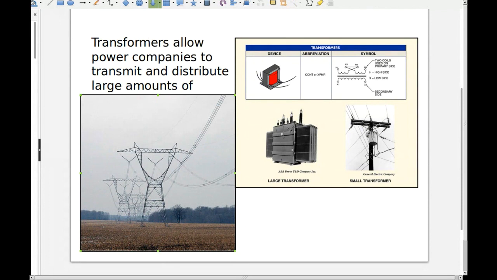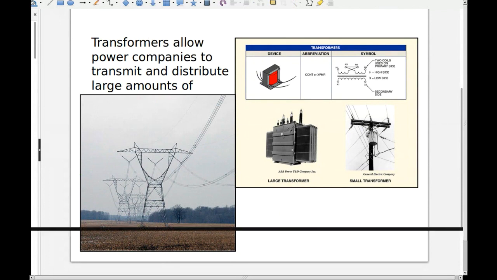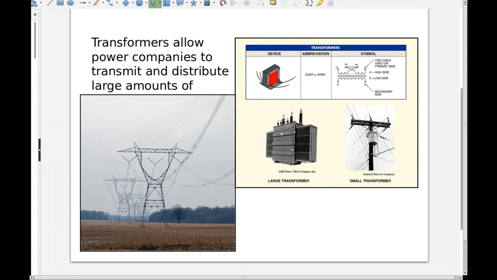Let me give it a little pointer here so you can see what I'm referring to. So you see right here is one circuit, and then this is a second circuit, and then there's a third one here. So they're transmitting in three wires there, and we're going to talk about that next week as 3-phase.